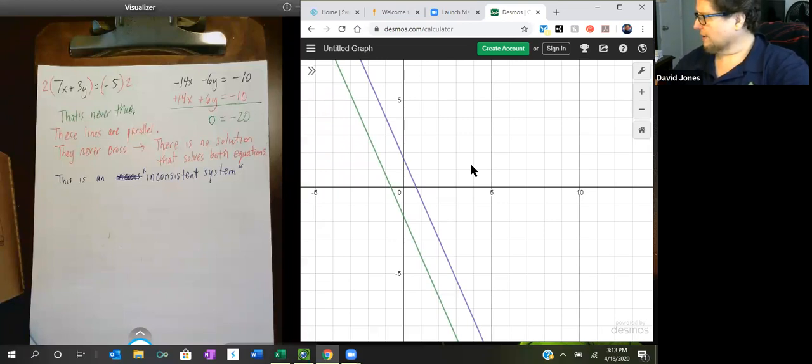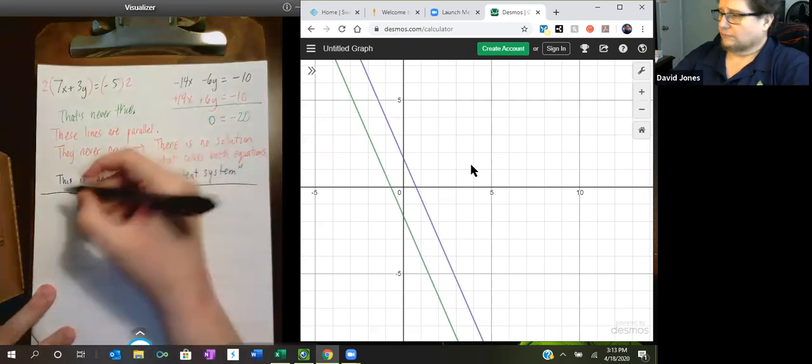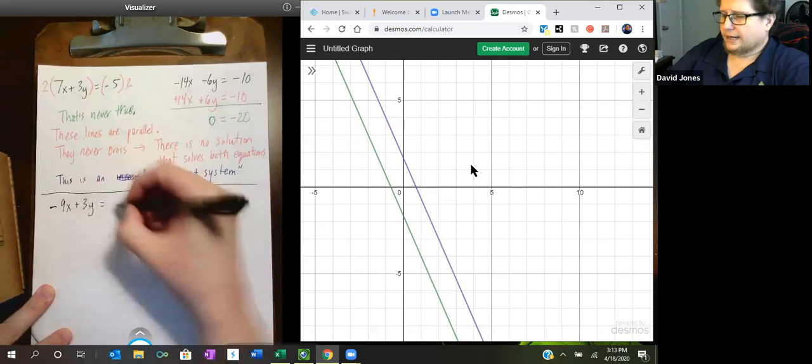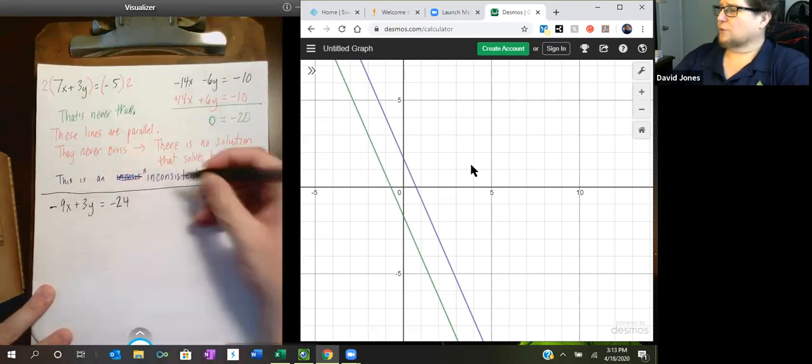So let's take a look at another option. Negative 9x plus 3y equals negative 24.